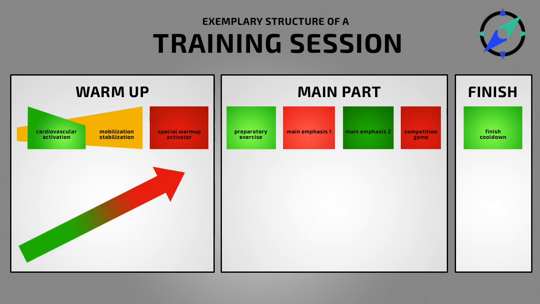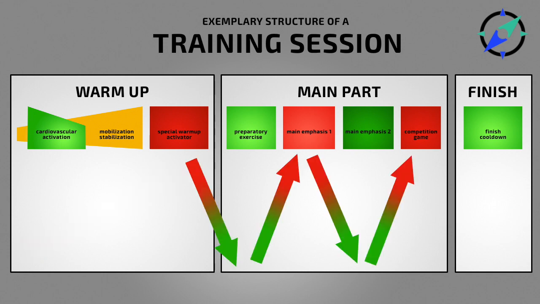Let's take a closer look at the intensity of the different parts. In the warm-up, of course, the intensity should go up because we want to get warmed up for the main part. In the main part itself, the intensity is going up and down, so it's always changing and alternating.